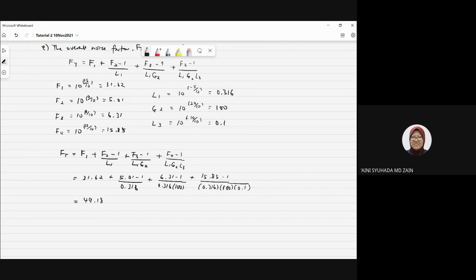So this question also can be further asked to evaluate the overall noise figure. So what is the overall noise figure?